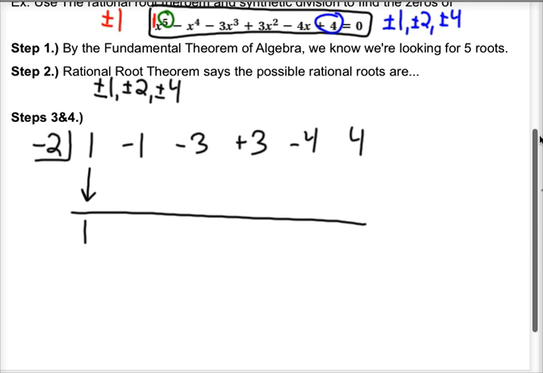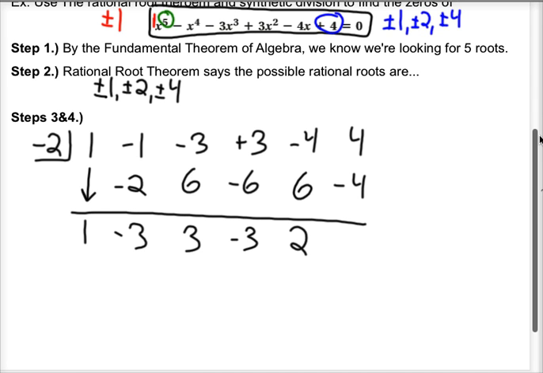So I set up my synthetic division, and now I'm going to carry it out. I carry down the 1, multiply by the -2. -1 plus -2 is negative 3. Multiply by the negative 2, add, multiply by the negative 2, add, multiply by the negative 2, add, multiply by the negative 2, and add.